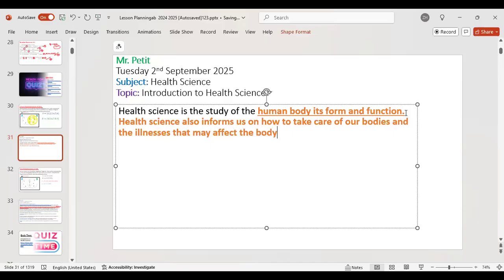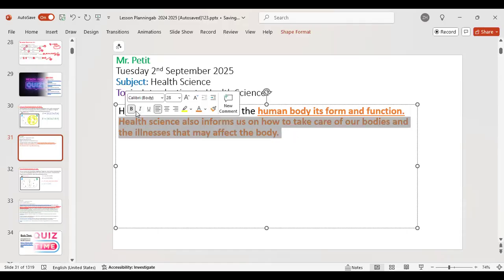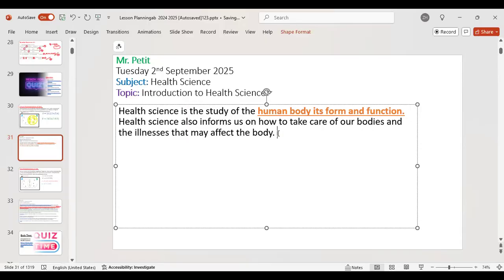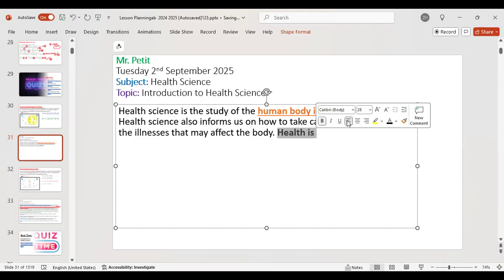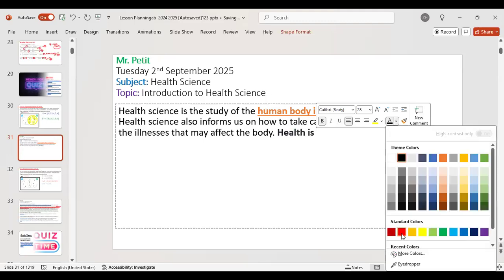What are some illnesses that you know that may affect the body? Melanoma. Tuberculosis, very good. What else? Cancer. Bronchitis. Scoliosis, arthritis, very good. Diabetes. Hypertension, high blood pressure. Low sugar. Anemia, yes, that's another one.